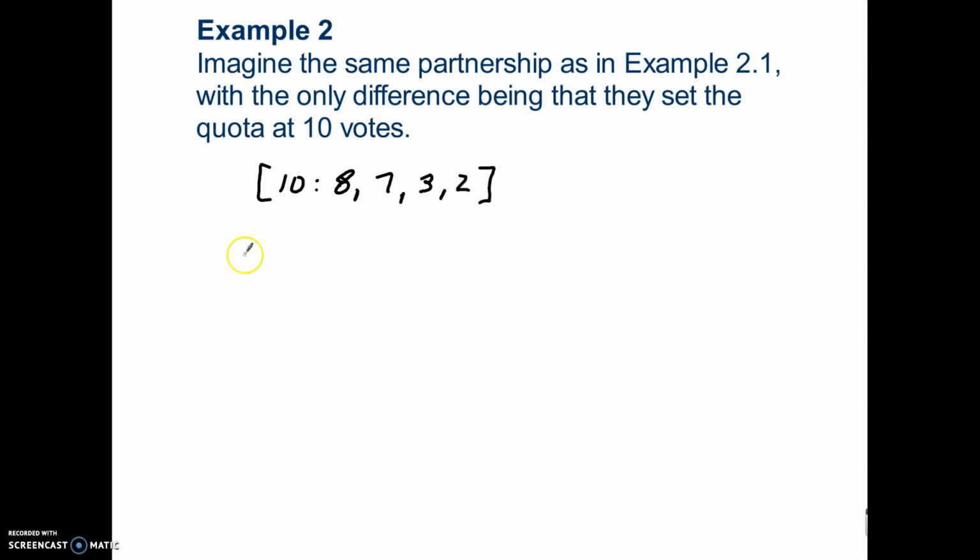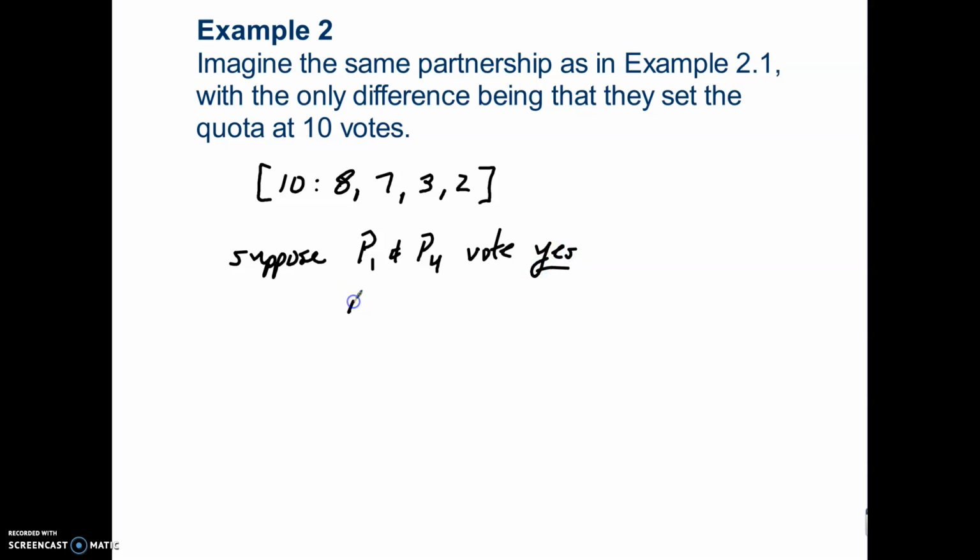Let's suppose that player 1 and player 4 vote yes. What does that mean?